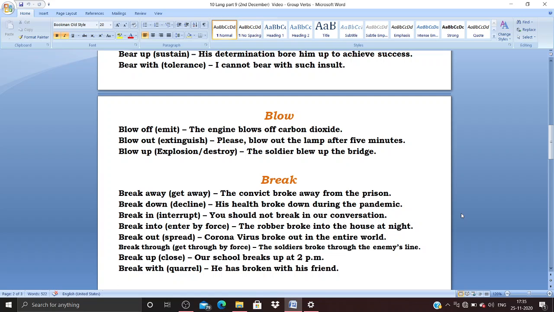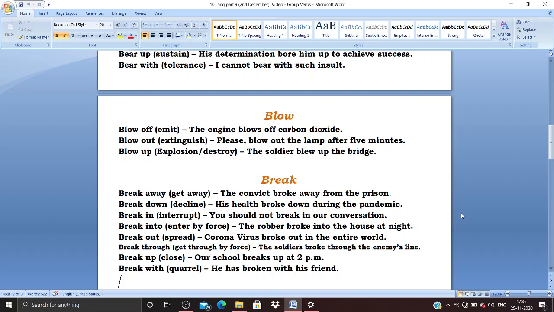Here break and through together make a phrasal verb, or group verb, and the meaning is get through by force. That means the soldiers broke through the enemy's line. You understood the meaning? The soldiers crossed the enemy's line and obviously attacked them.